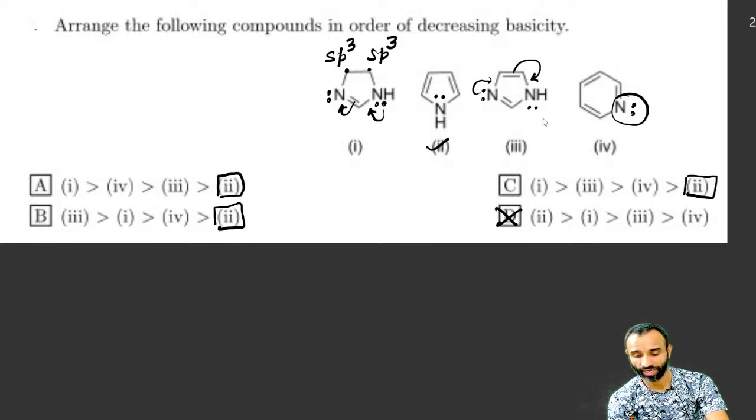Because this nitrogen will not decrease the electron density on the nitrogen. It will increase the electron density. And in this case, even this part will increase the electron density, because it will show a plus I effect.